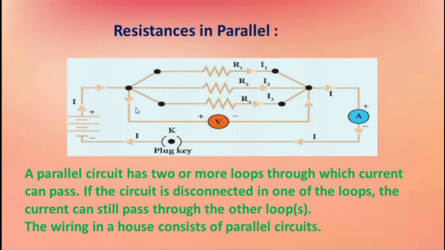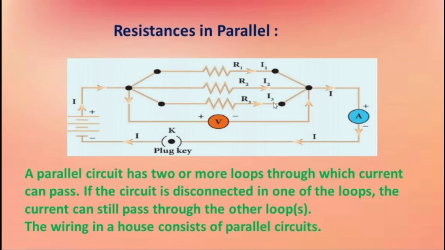See the diagram. Here we use the symbol for a voltmeter to measure the potential difference between the two points. A is the ammeter, which indicates how much current is passing. The key is the switch, and then the battery. Here I is split into three, I1, I2, I3.